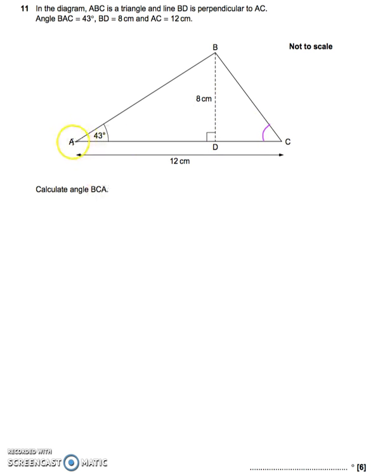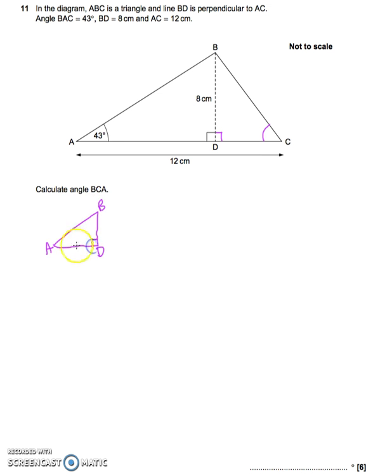There are another 2 triangles, as well as ABC. There is ABD, which is our right angled one, and BCD is also a right angled triangle, which we're going to use. We're going to start off by drawing ABD separately, labelling it.